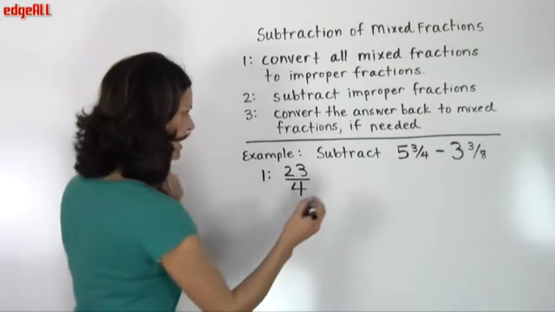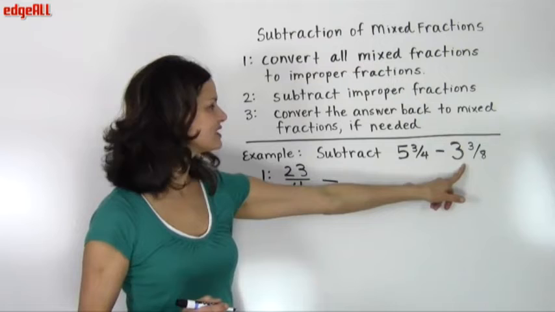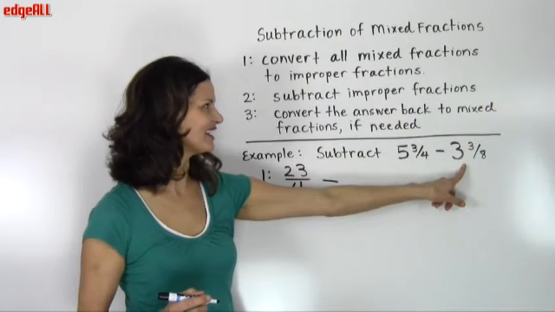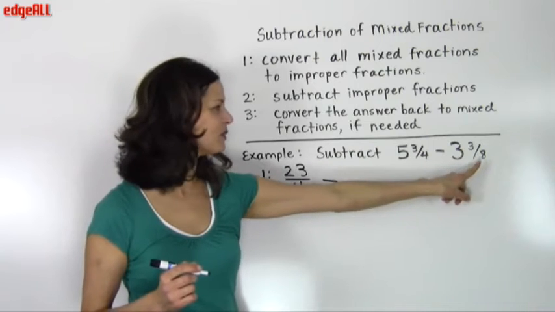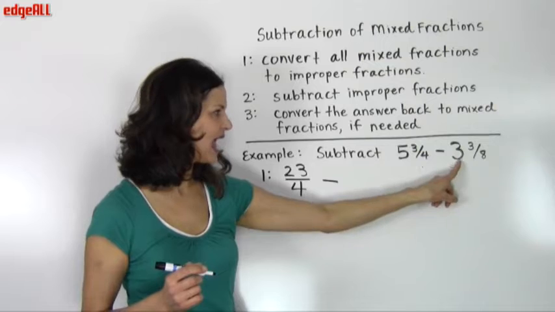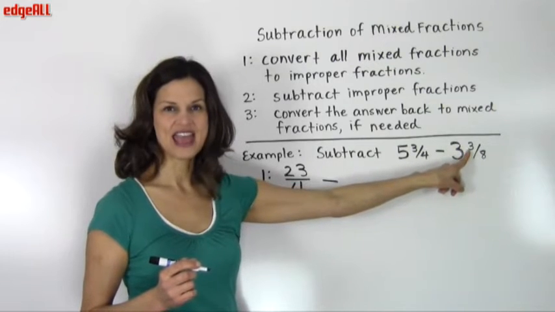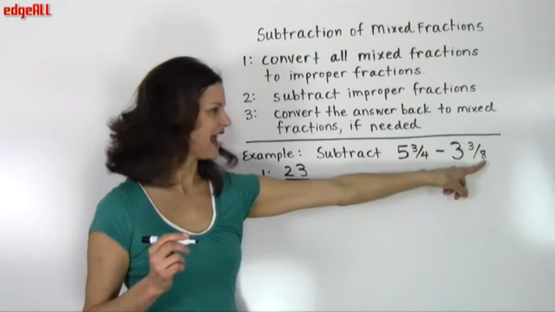So let's do the same thing with the 3 3/8. We are going to convert this mixed fraction to an improper fraction. So we do the same steps. We multiply the denominator of the fraction times the whole number, and we add the numerator. And then we put that number in the numerator, and we keep the denominator as it is.